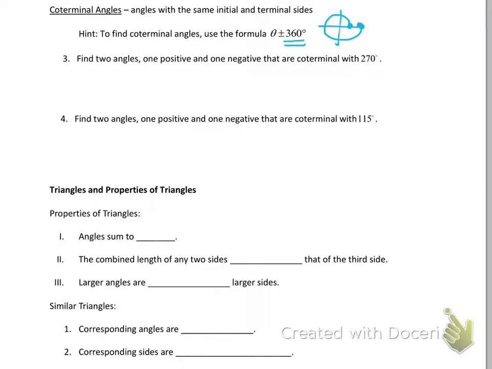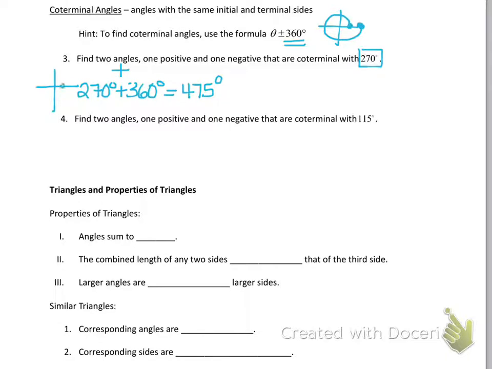So for number 3, I want a positive and a negative, and I'm going to give you a starting angle of 270. So that would mean if I wanted the positive one, I could take 270 and I would add 360 to it because it would give me a positive 630 degrees. So if I drew a picture of this, there's a couple ways you can do it.